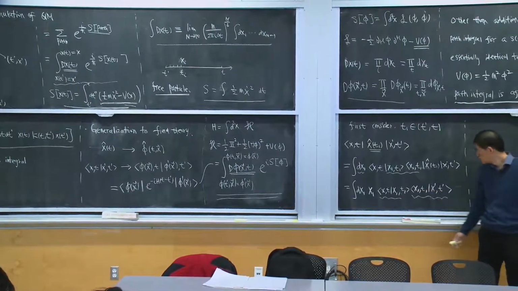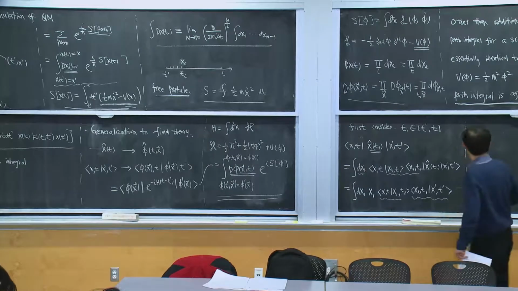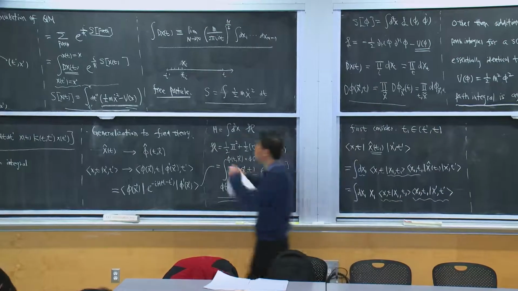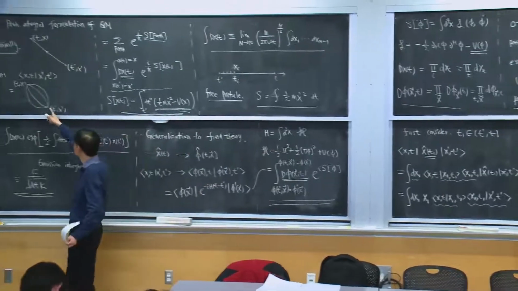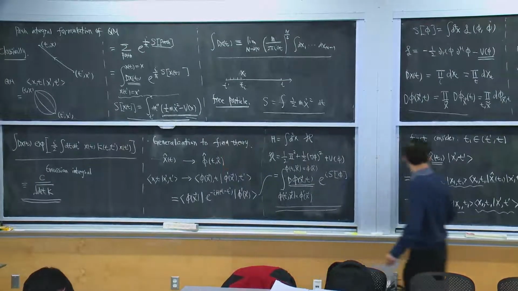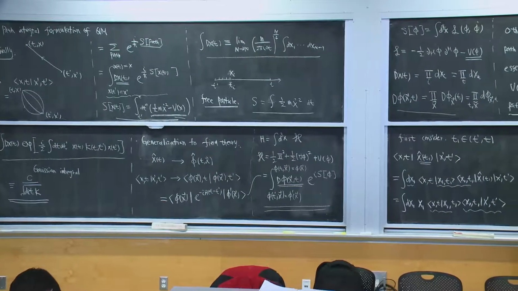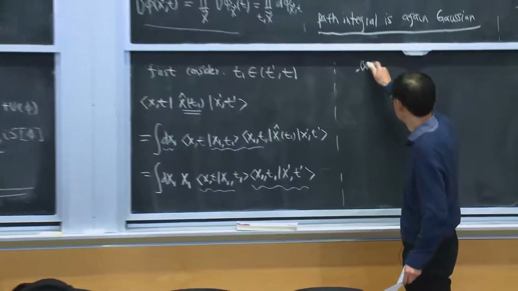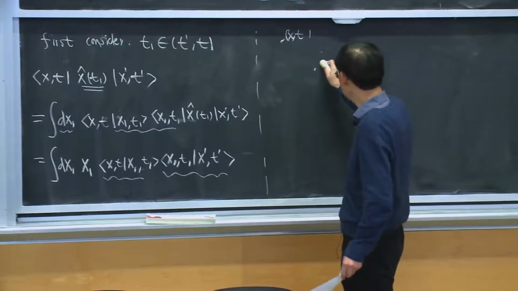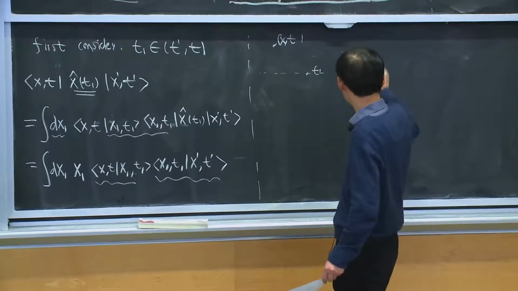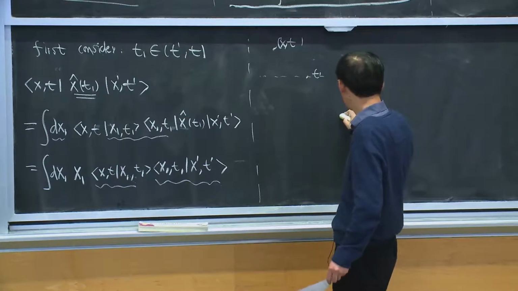Previously we just did all the paths between these two. Now you have this x at t, and now we have t1. Suppose this is the time t1, t goes up, and this is t prime.